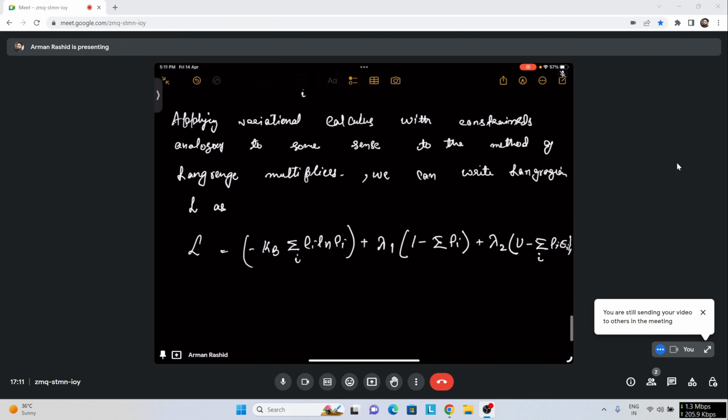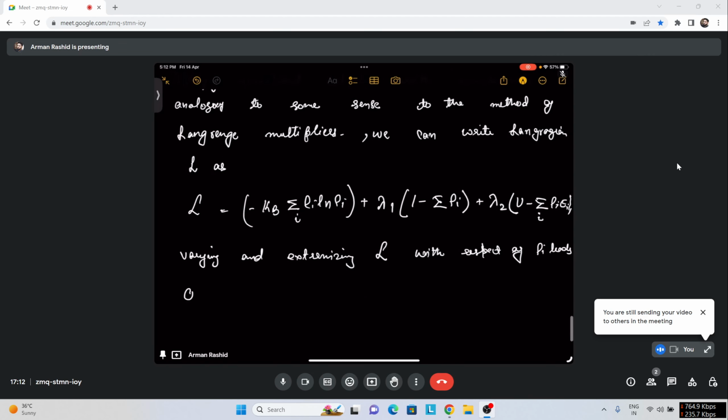Now if we vary and extremize L with respect to rho i, it leads to 0 equal to delta L, because it is already at the maximum.